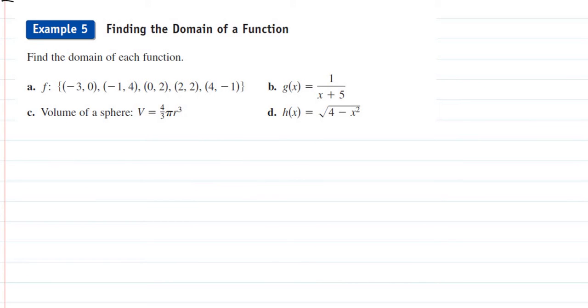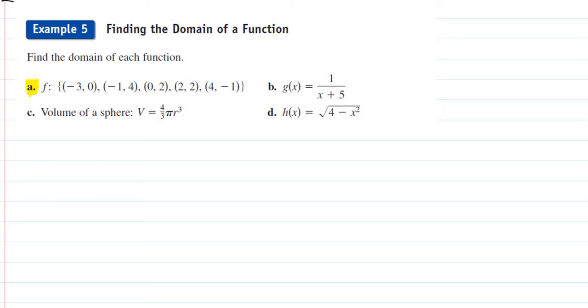In this example, we're going to talk about domains. So we've got 4 examples to talk about the domain of the function. In letter A, the function is given as a list of coordinate pairs. And we recall that a domain is the set of all inputs. And in a coordinate pair, the inputs are the x values.